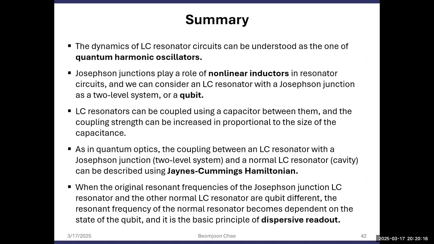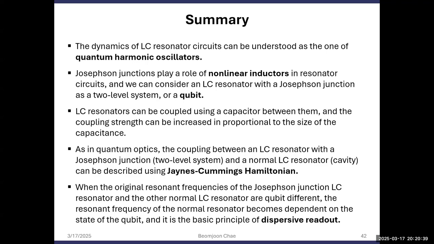In quantum optics, we can describe the coupling between the normal LC resonator and the nonlinear LC resonator with Josephson junction by using the Jaynes-Cummings Hamiltonian. If the resonant frequencies of the two resonators are hugely different, then there is no direct energy exchange between them.